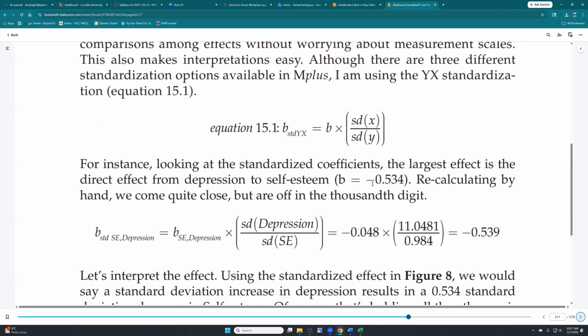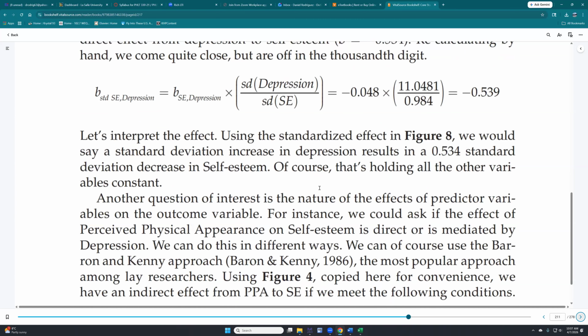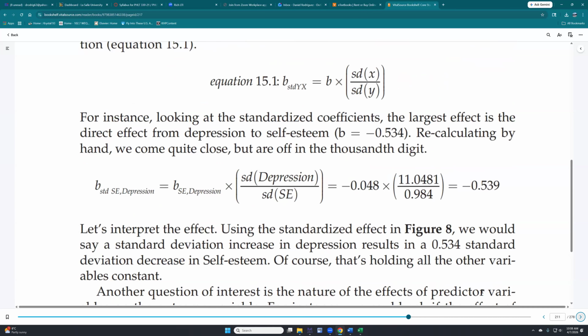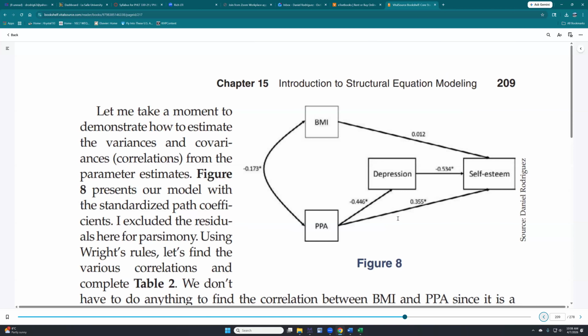Looking at the standardized coefficients, the largest effect is the direct effect of depression on self-esteem. Let's go back to that figure. These are all standardized values, so depression to self-esteem, these are all standardized. That means I can make direct comparisons and say this is the strongest effect we have, right?